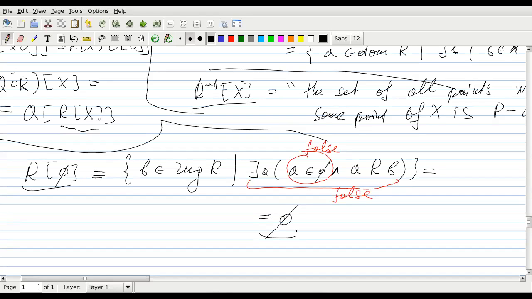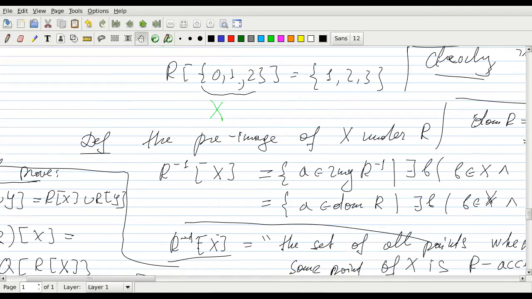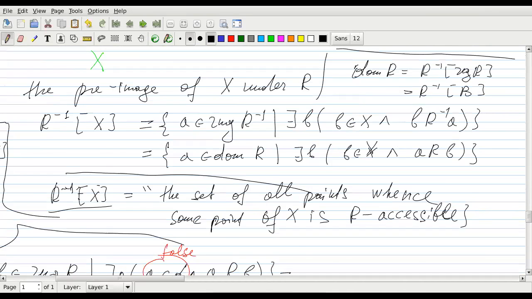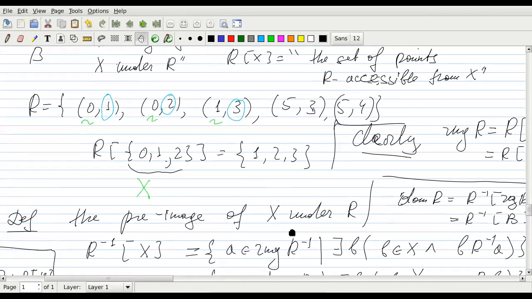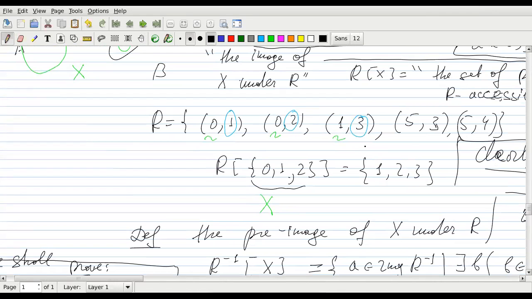Could you please draw a diagram for the pre-image? Okay. Let's find it on a diagram. First, let's make a diagram, say, for this R, and use it as an example.